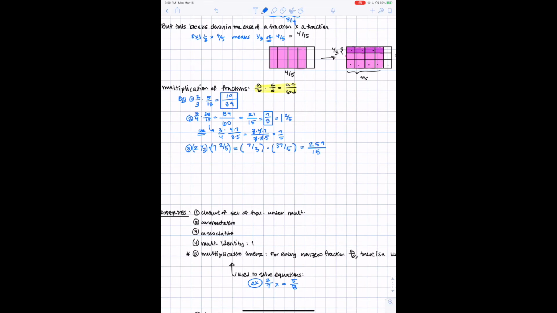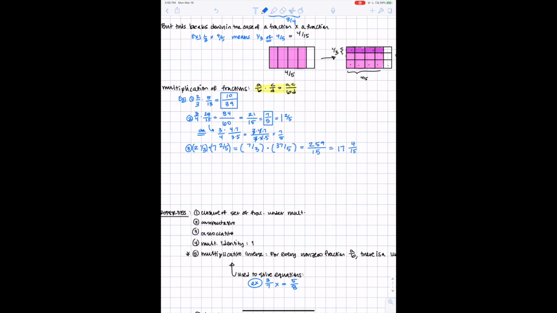Okay, so now we can ask ourselves how many times 15 goes into 259, and that should be a bunch of times. Let's see, I think it's like 17 times. And my remainder then would be, let's see, 17 times 15 is 255, so my remainder should be 4 over 15.